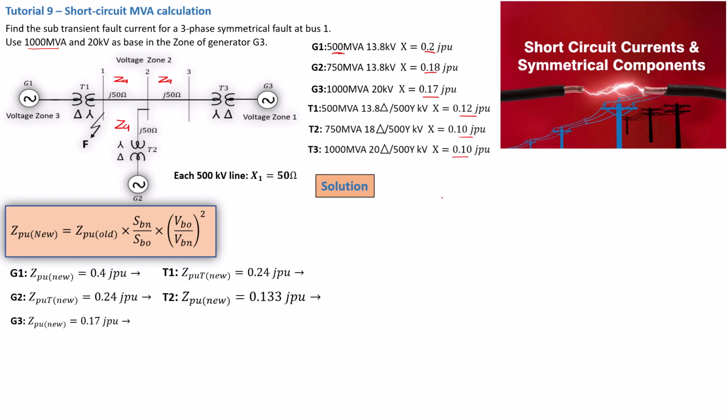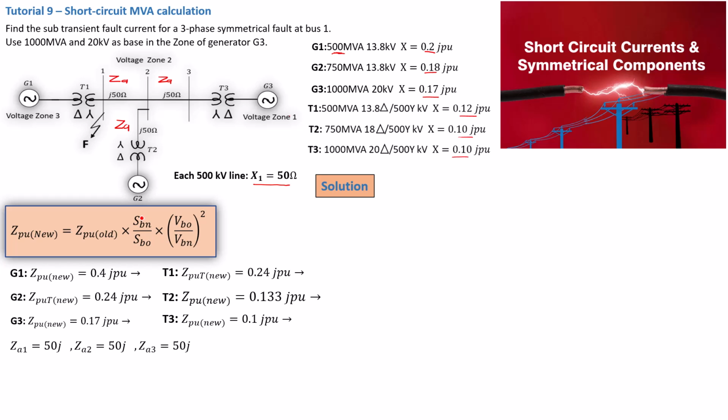And generator 3 is that, and transformer 3 is 0.1 j per unit. And as stated here, X1 is equal to 50 ohms. So basically the Z actual of all these three zones are actually 50 j ohms for ZA1, ZA2, and ZA3 for each one of these bus bars.